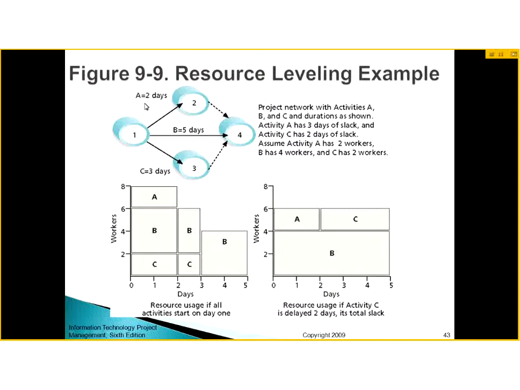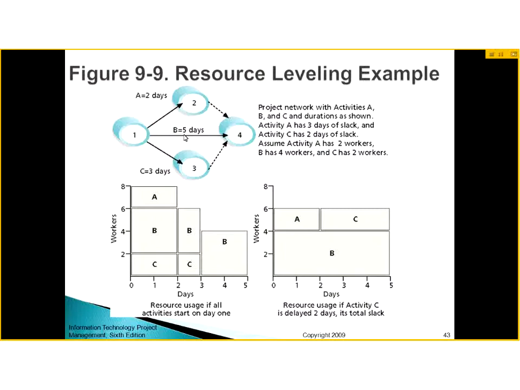You can see that this is an activity on arrow diagram. Activity A has 2 days duration, B has 5 days duration, and C has 3 days duration. Now the condition is activity A has 3 days of slack, C has 2 days of slack.